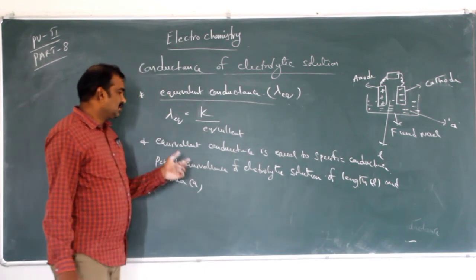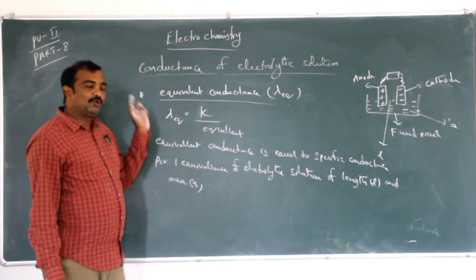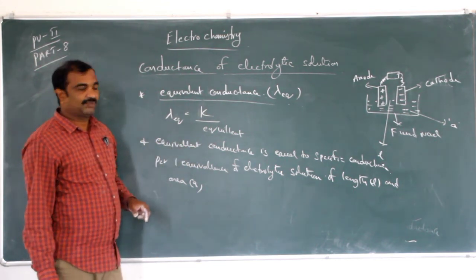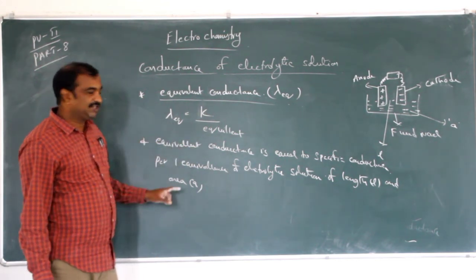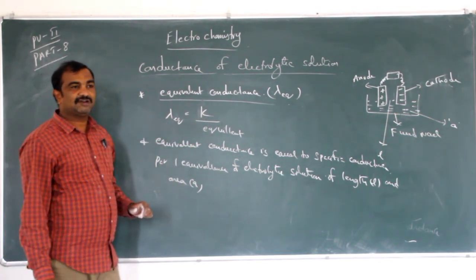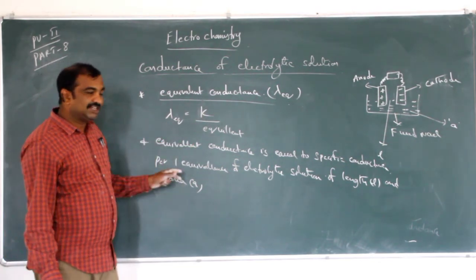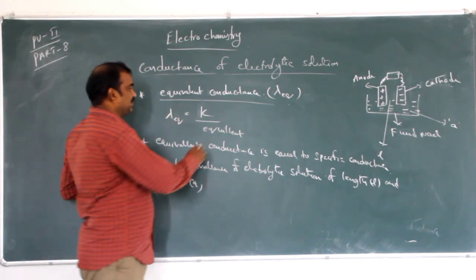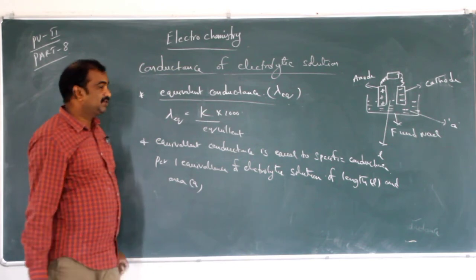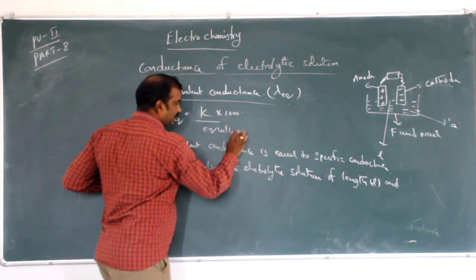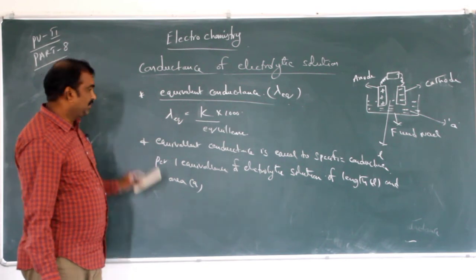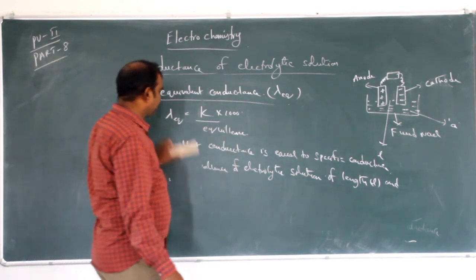In molar conductance you have taken 1 mole of electrolytic solution; in equivalent conductance we are taking 1 equivalent of electrolytic solution. This is the definition, and the expression is this one. Here we can write 1000. So this is equivalence. Now the units.